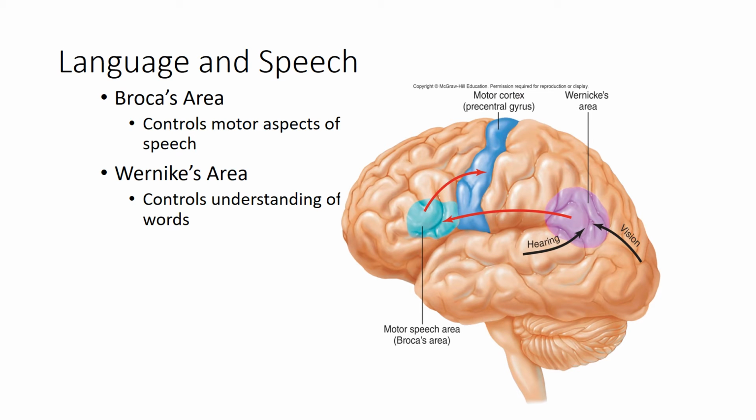Another motor movement that you might not have thought about is language and speech, which is involved with the frontal lobe. Most of the knowledge of how the brain controls language has come from studying people with speech problems called aphasias. There are two areas that are identified as important. The first one is Broca's area, the motor speech area, which controls motor aspects of speech.